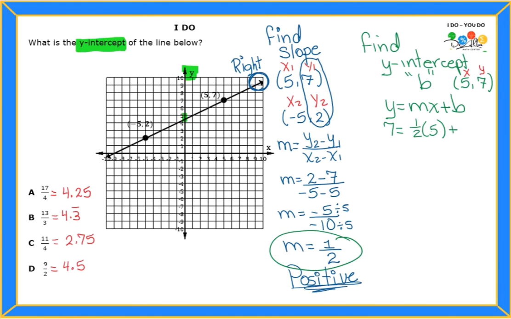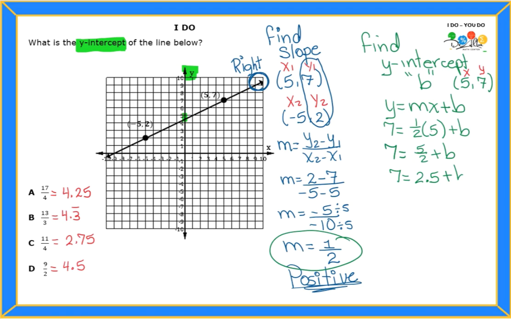And that will be plus b. So this will be 7 equals, what's half times 5? We can say 5 over 2 plus b. If you want to, you can change the 5 over 2, which is a fraction, into a decimal. And 5 divided by 2 is 2.5.